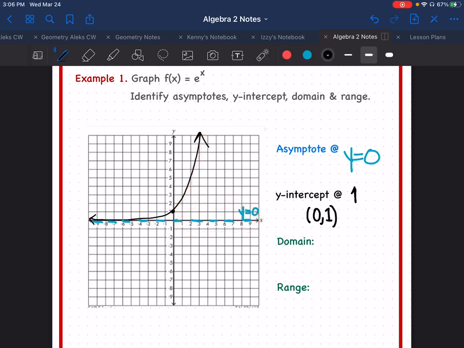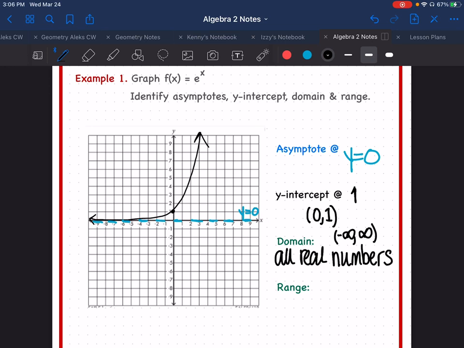There is no restriction to it, so my domain is going to be all real numbers, negative infinity to positive infinity, if I needed to write it in interval notation.